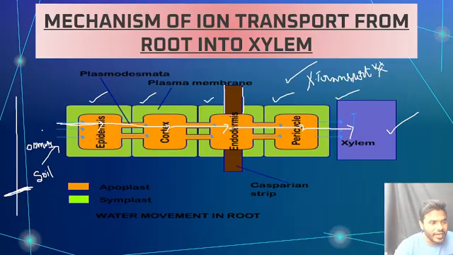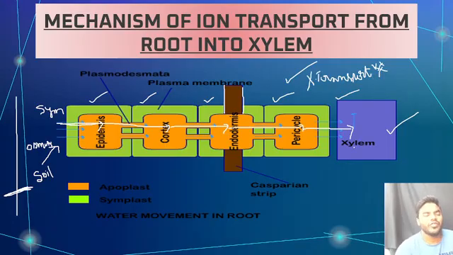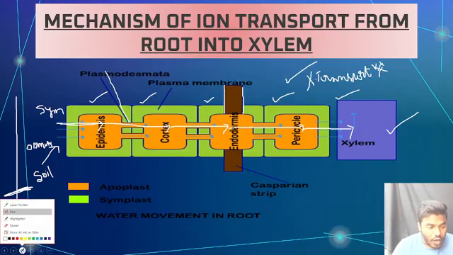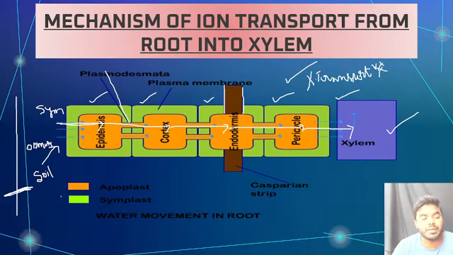So what I would like to conclude here is that the water molecules that follow the symplastic pathway from the epidermis directly enter into the xylem without any disturbance, inside the cell, using the plasmodesmata. But I told you all the water molecules are not following this particular symplastic pathway.